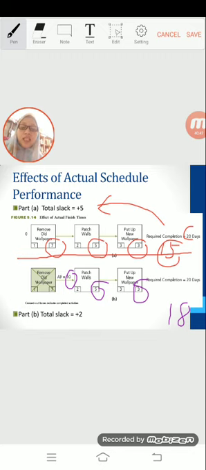The required completion day is 20 days. 20 minus 18 equals positive 2. So you still have 2 days free. Even though you delayed activity 1, which was supposed to finish at 7 days but finished at 10 days, it is actually no problem, because your total slack is still a positive number.